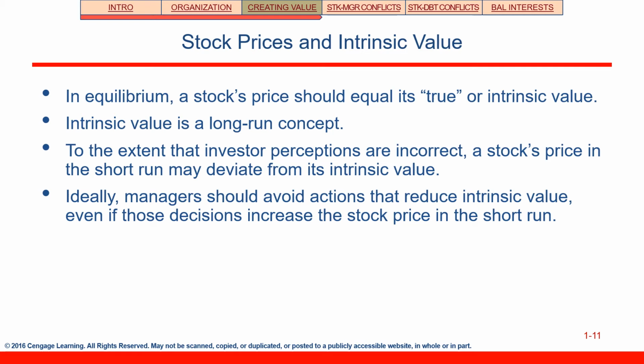Okay, so if it is in equilibrium, meaning there is no change, everything is constant, the stock price should equal its true intrinsic value, but that is not the real situation. Because the stock price will vary on the perception of the investors or the buyers.